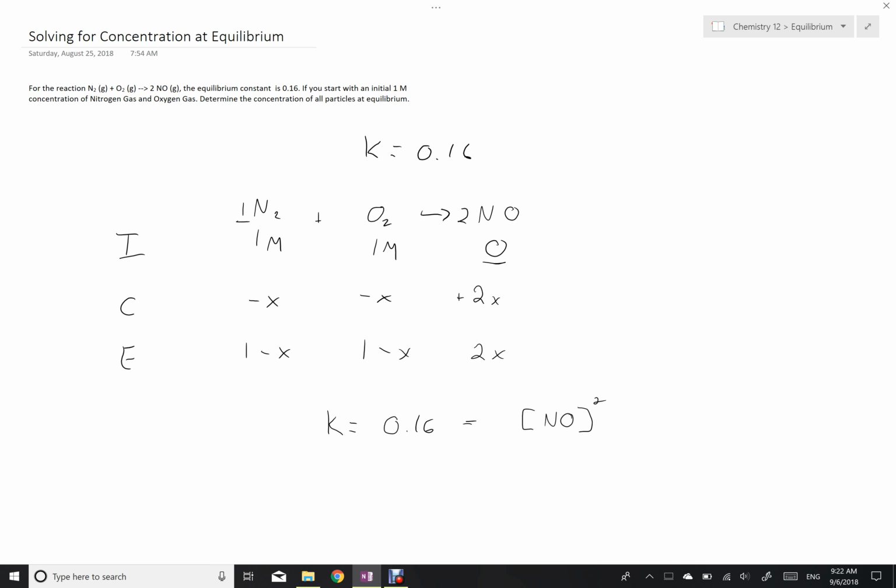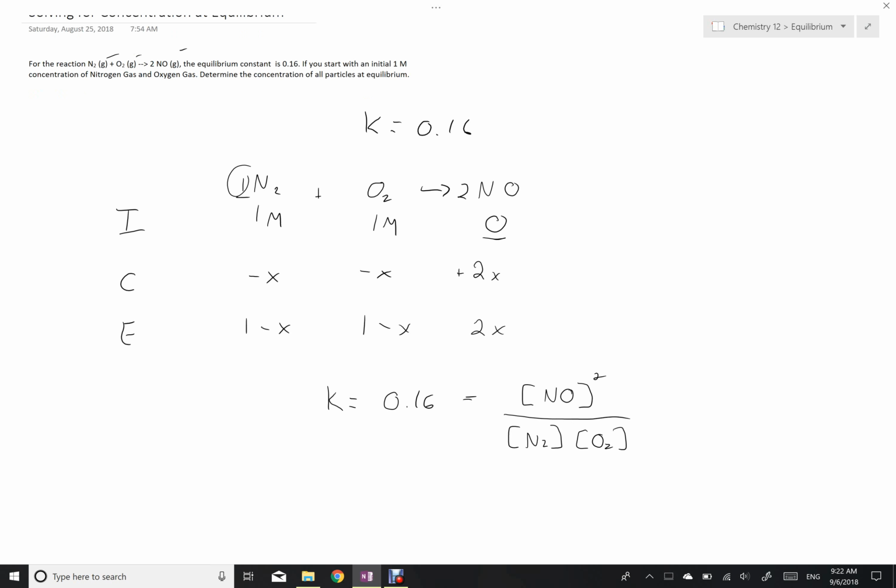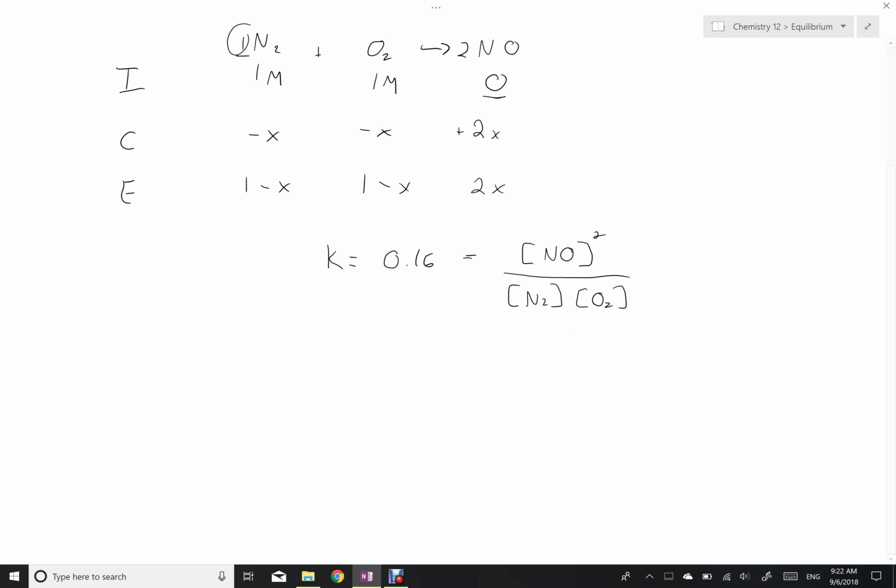Oh, all of these are gases, by the way, so they're all going to get included in this equilibrium constant. I have my concentration of my nitrogen and the concentration of my oxygen, both to the power 1. So now at equilibrium, I can put in these expressions for the concentration at equilibrium and solve for x to figure out how much change occurred in this system.